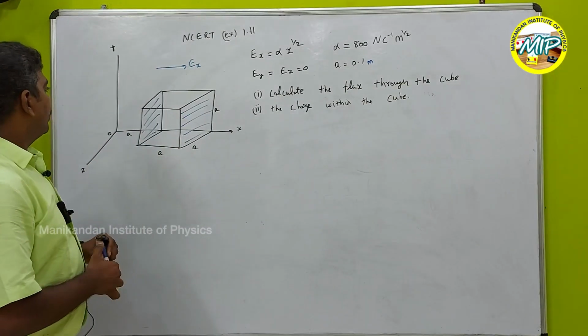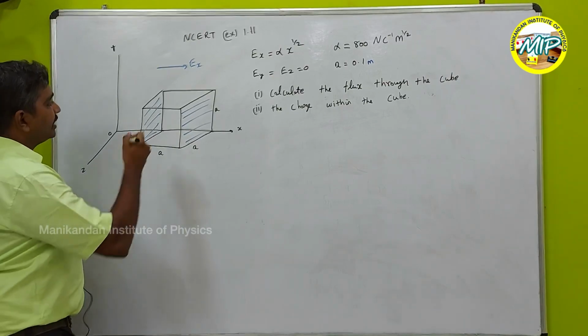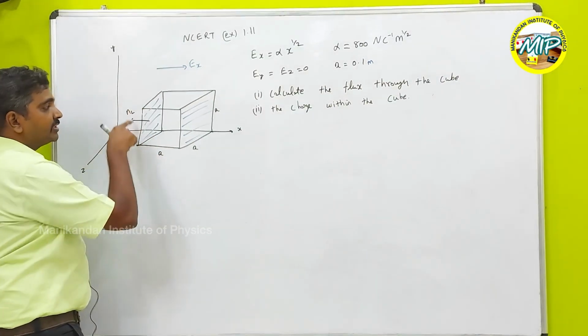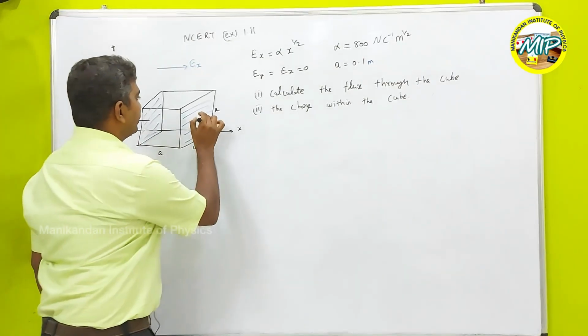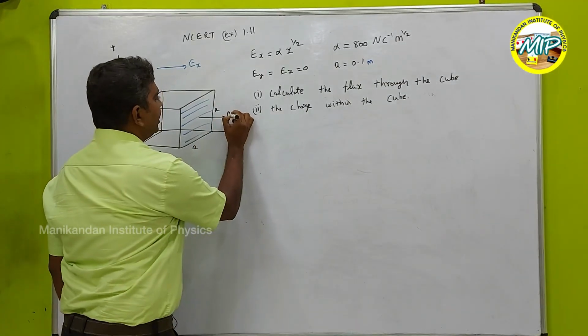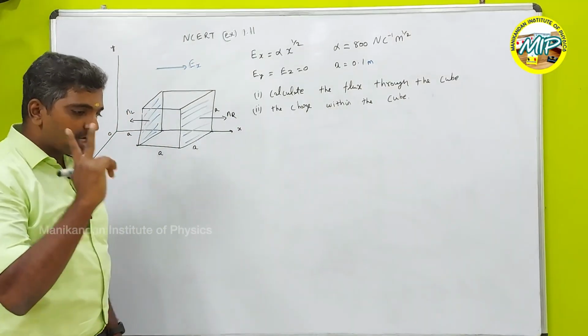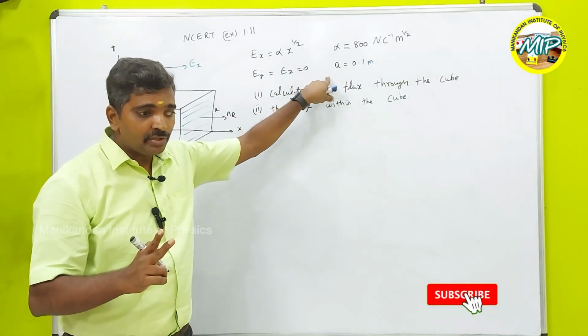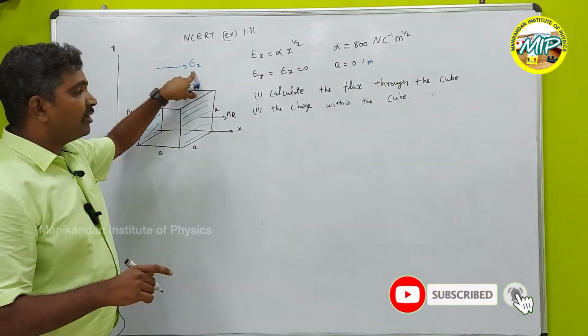I am going to call this face the left face, with its normal being the normal of the left face. This is the normal of the right face. I am going to consider 2 faces since my electric field along the y-axis and z-axis is 0, so there is only electric field along the x-axis.